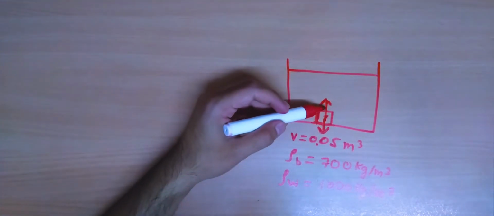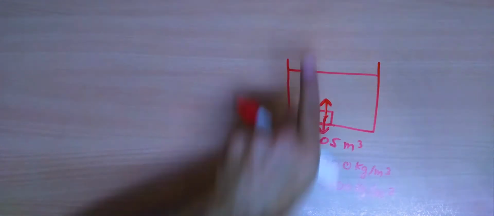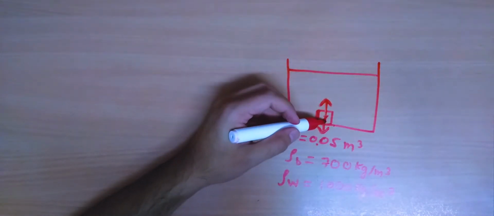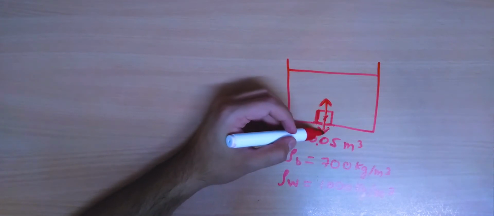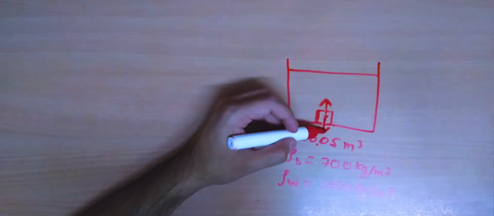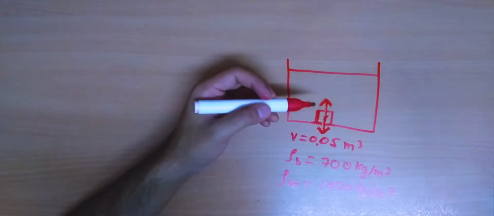If the net force is in this direction, or if the buoyant force is greater, it will start moving in that direction, and it will float, it will come to the top and start floating. And if the force due to the weight of the object is greater, then the object will obviously sink, it will remain sunk.